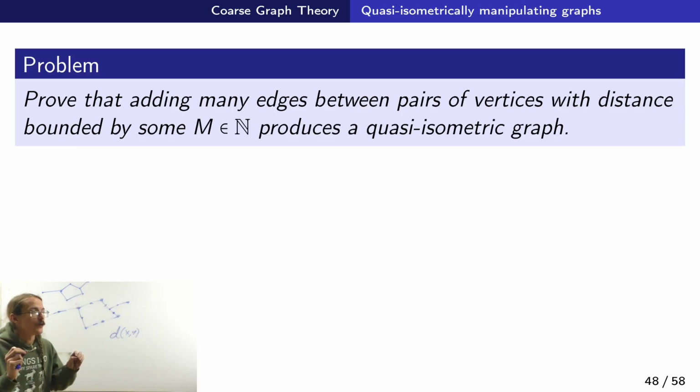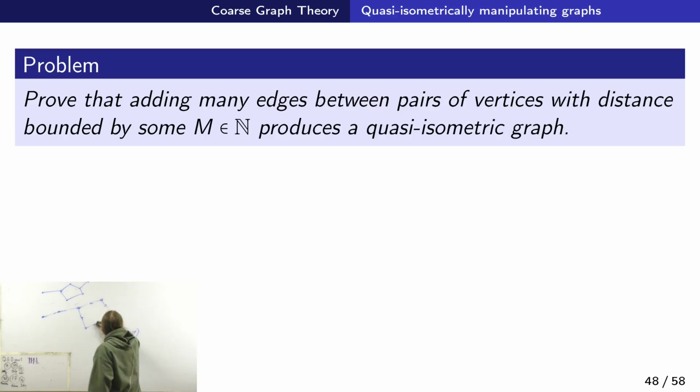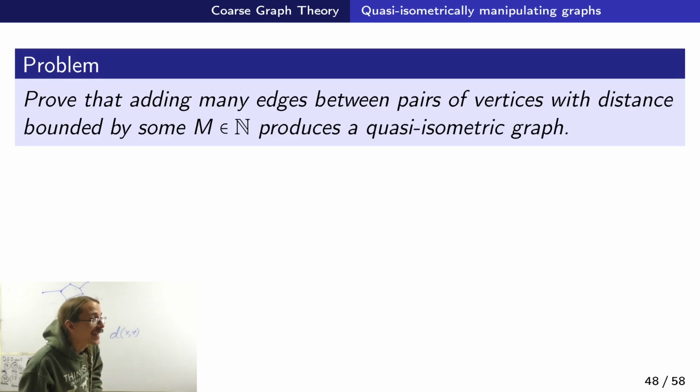Okay, so now we're going to do a slightly different problem. We are arguing that adding many edges between pairs of points with distance bounded by something produces a quasi-isometric graph.